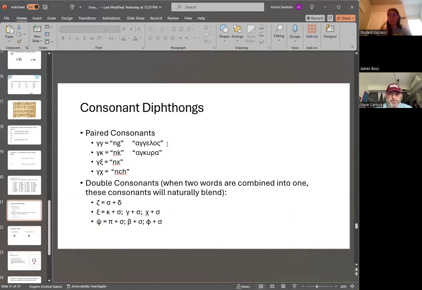That's really hard to say, so they make that first letter an N. Same with a gamma and a kappa. Put together, they make that gamma an N sound. This is shown in this word here, which is ankara, which is where we get our word anchor. So that's a lot easier to say than agkara.